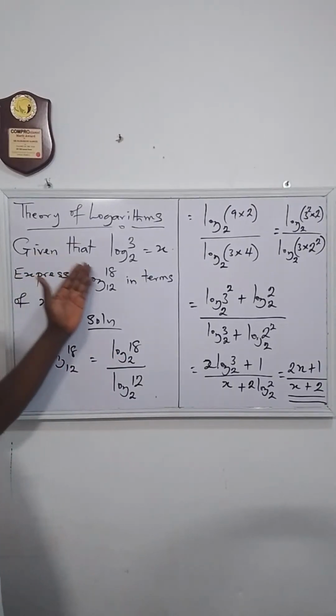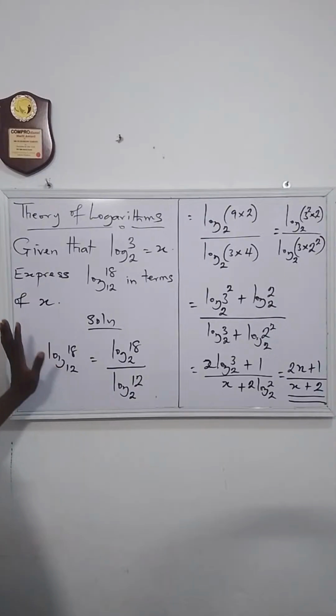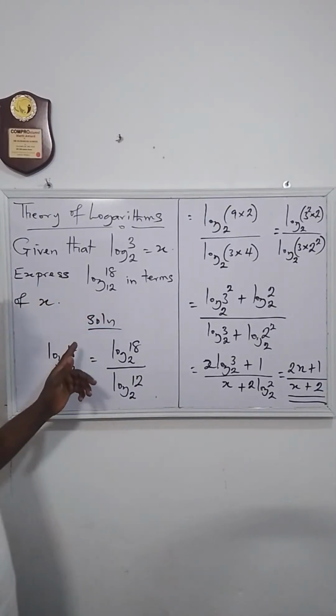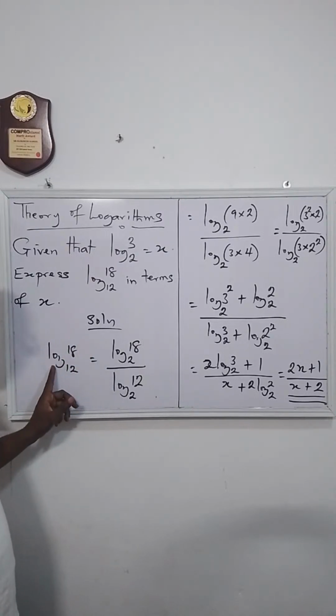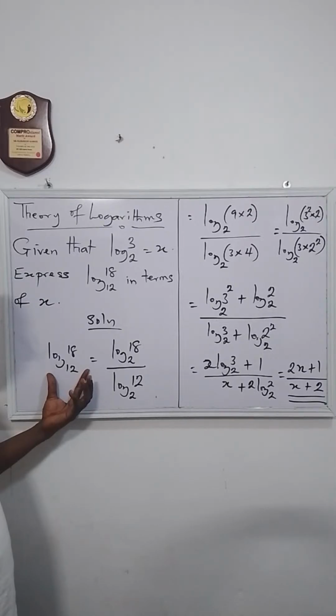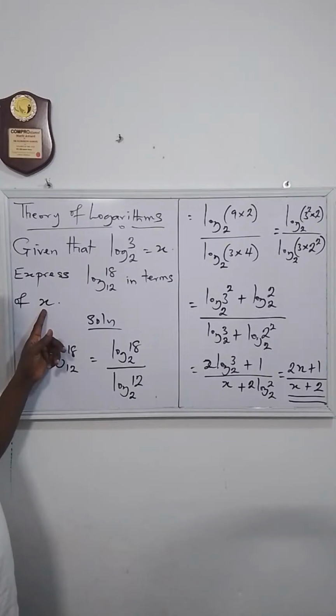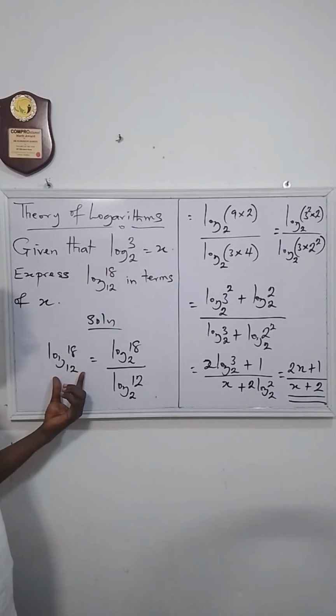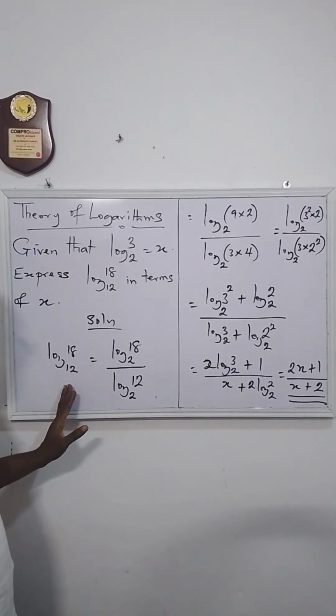Now I'll just go through what we have here. So I've explained a similar question in the last class. So when you have log of 18 base 12 and you want to express it in terms of x, where log 3 base 2 is given, what you're going to do is to introduce change of base.